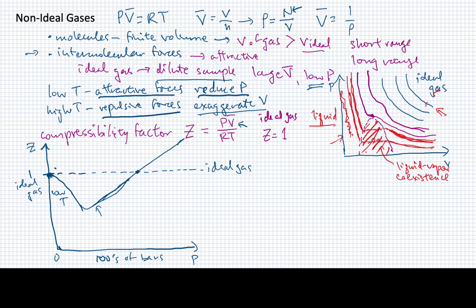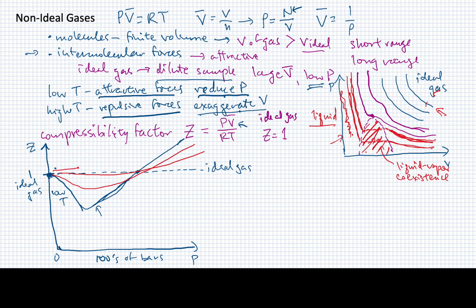But when the molar volume now gets exaggerated more than the pressure is reduced, that's when we see this curve rise above that. Now what happens as we change the temperature? Well, let me draw that in different colors. As we gradually raise the temperature, we would see these curves flatten out a little bit.